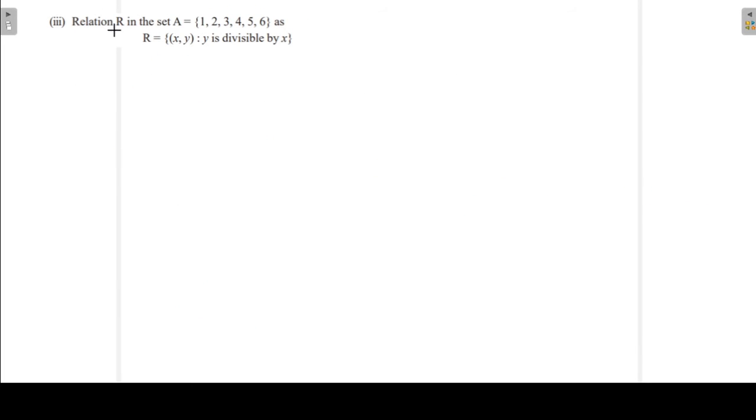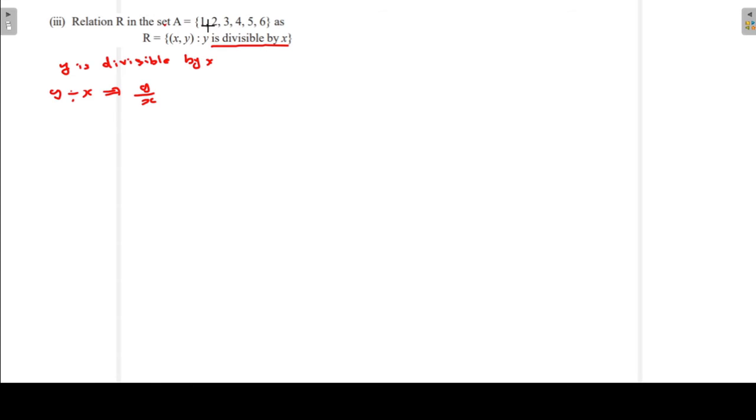Third question: the relation R in the set A equals {1, 2, 3, 4, 5, 6} is R equals the set of all (x, y) such that y is divisible by x. That means y is divided by x.